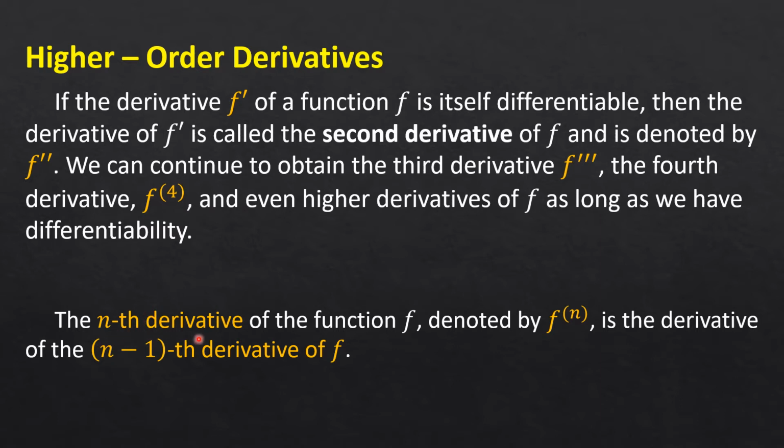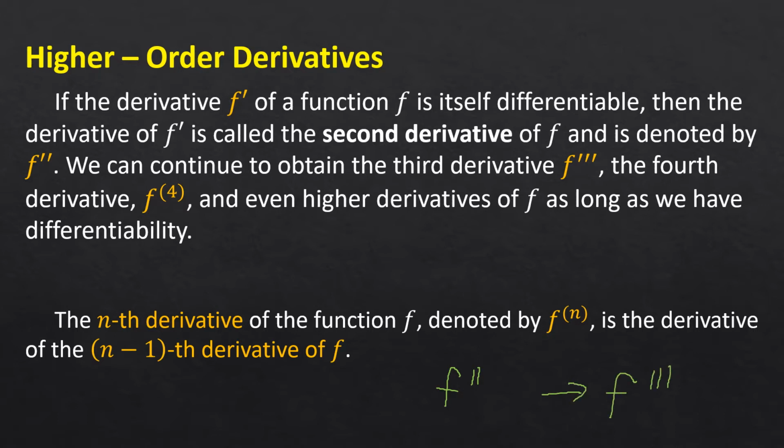So the nth derivative of the function f, denoted by f raised to the enclosed n, it seems like an exponent, but that's not an exponent, is the derivative of the (n minus 1)th derivative of f. Okay, sabi nga natin kanina, kapag kinuha mo, dinifferentiate mo ang second derivative, bibigyan ka ng third derivative.